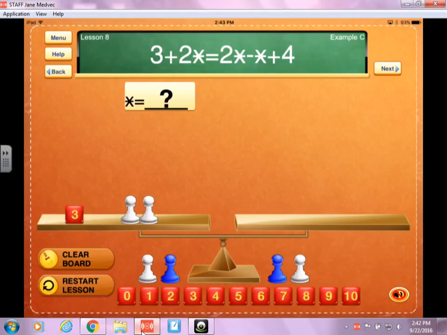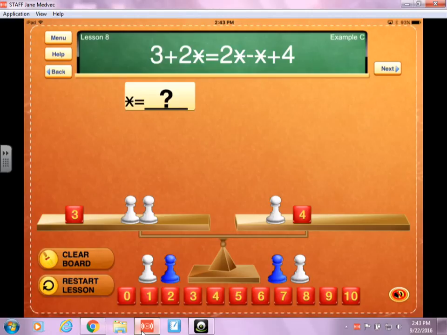Here's my 2 star, which are 2 white, equals 2 star what? Yes. Oh, minus star, so you take one white. Good, and then you go plus 4. So go ahead now, on your paper, you'd write 3 plus 2 star equals star plus 4. So you'd write that underneath the original equation.